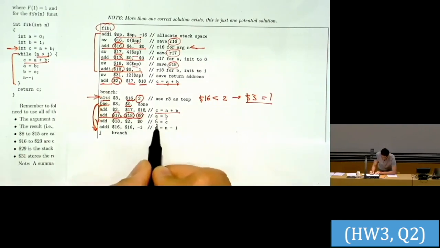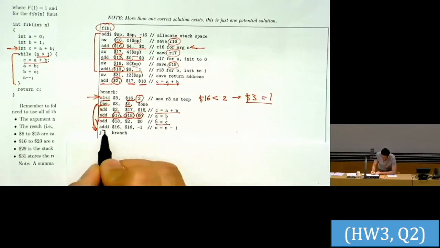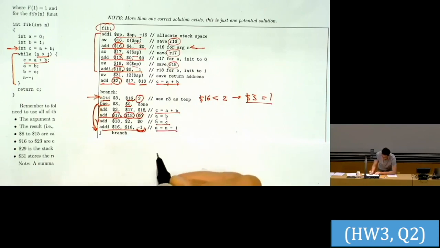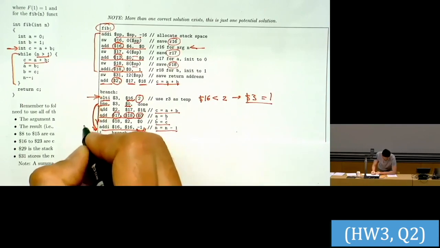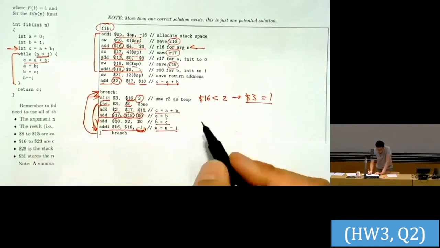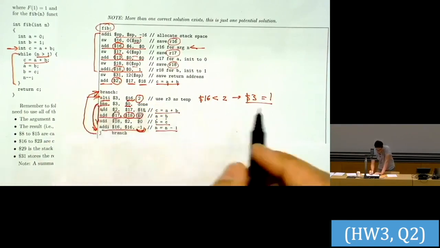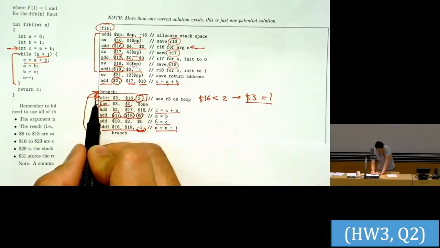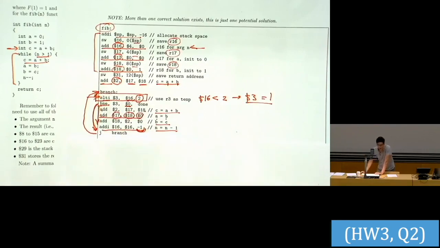We do the same to store C in B, and after that we decrement N by immediate addition of -1. Right after that, we have this unconditional branch, this jump instruction, to start again and evaluate the content of register 16 that contains N. So we repeat this as many times as needed.